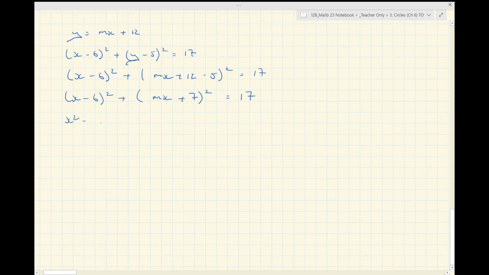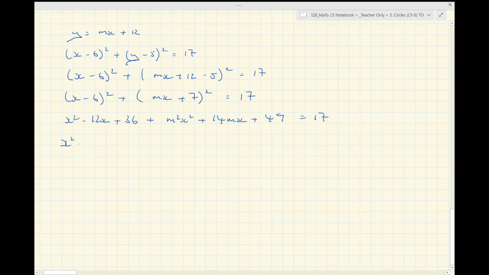x squared minus 12x plus 36 plus m squared x squared plus 14mx plus 49 equals 17. This is a quadratic equation. Let's set it equal to 0. And as we're setting it equal to 0, let's put all the x squared terms next to each other.